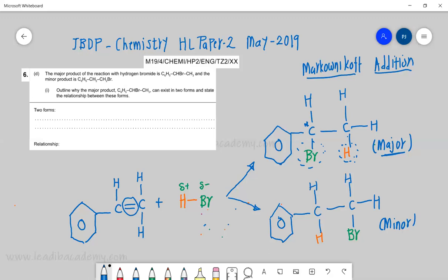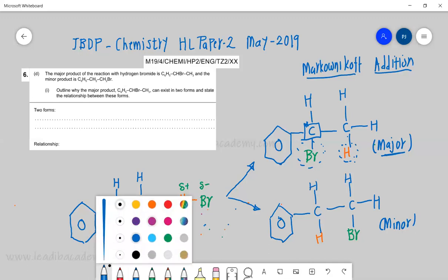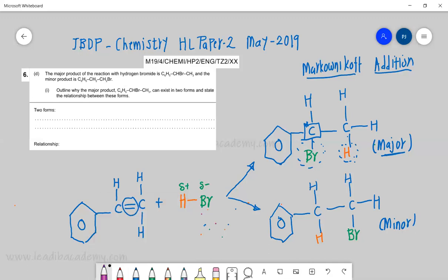Now let's look at what the two forms are. What is special about this carbon, which I put in the square? It is special simply because on its four bonds it has four different atoms or groups.